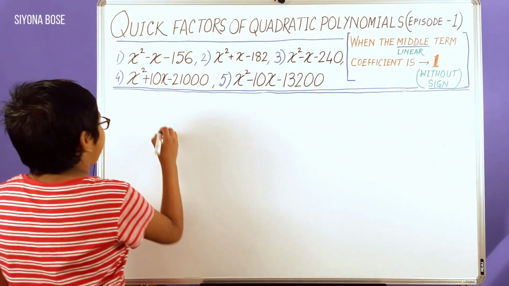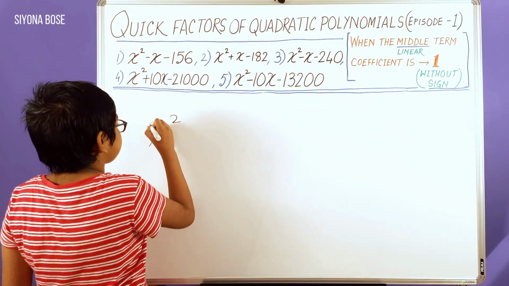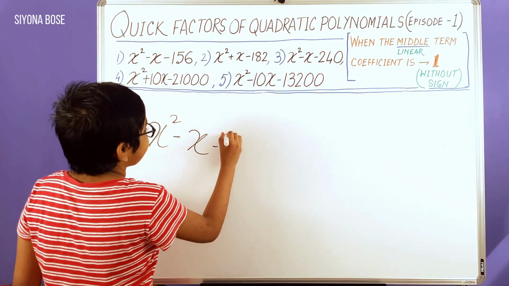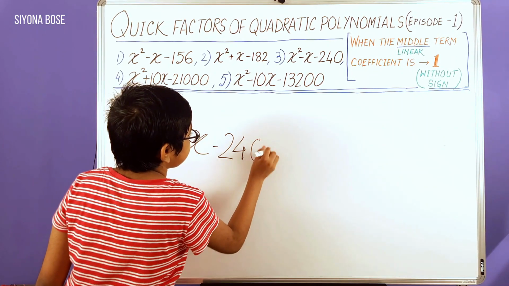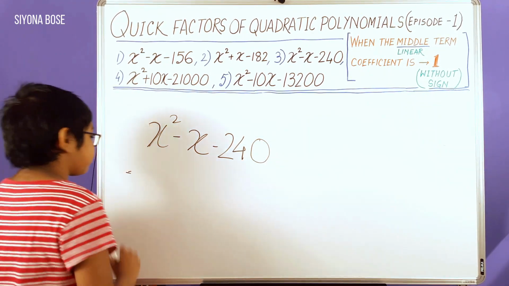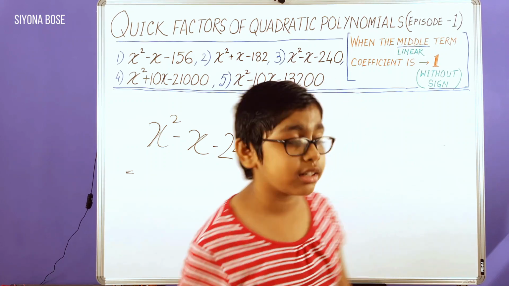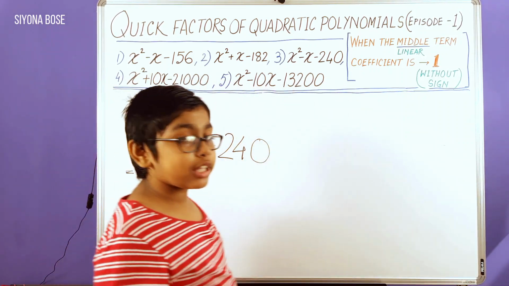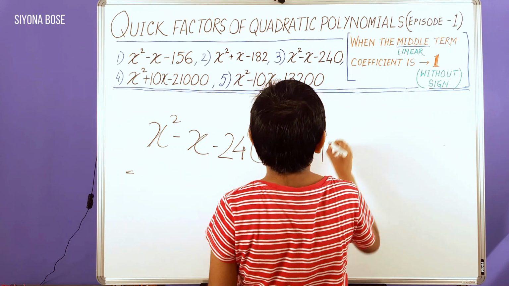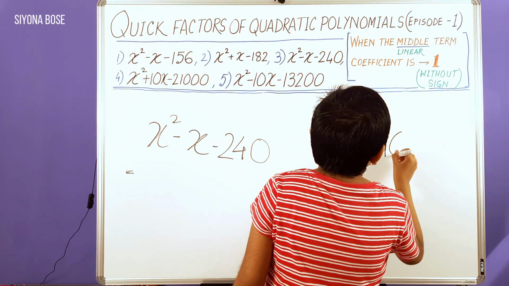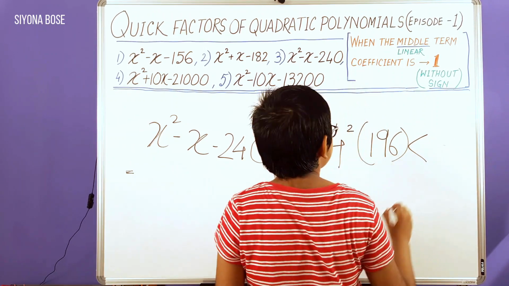Our third polynomial is x squared minus x minus 240. We need to solve this, right? So we need to locate this again between two perfect square numbers. Immediately you can identify the perfect square numbers are 14 squared, which is 196, less than 240.